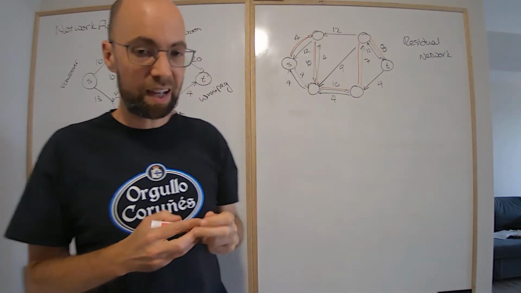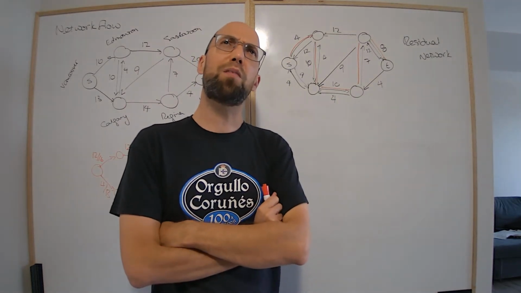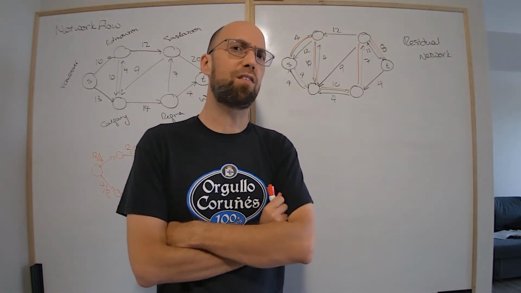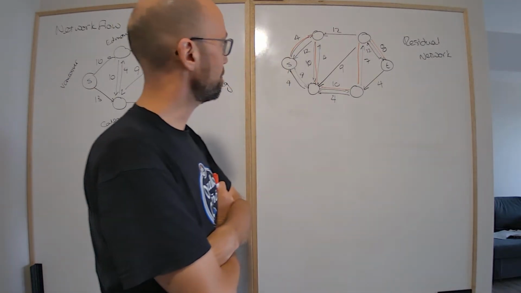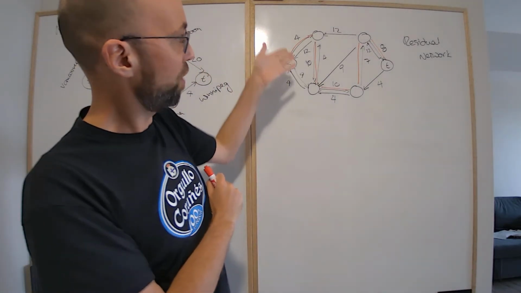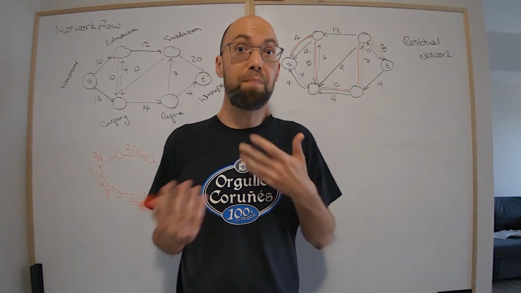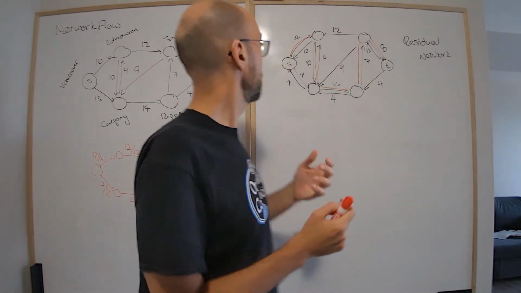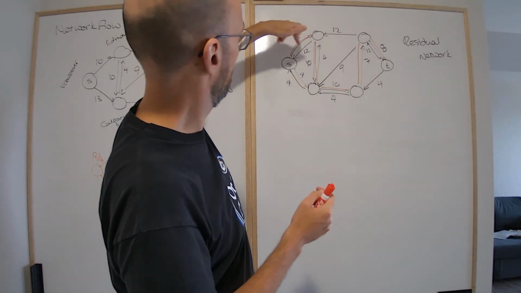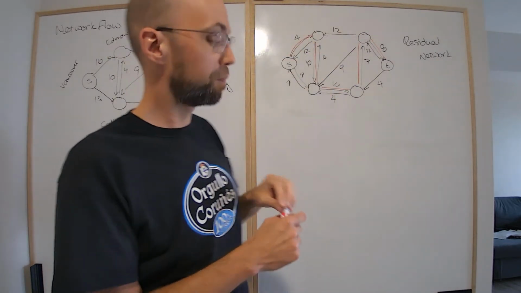So how much do you send? Actually, I forget. It seems like something I might have taught in the fall. Maybe I did get to network flows. I forget. But how much could you actually send along that path? Well, it's going to be the minimum capacity of any edge along that path, which is the minimum of 4 and 10 and 10 and 7 and 8, which is 4.